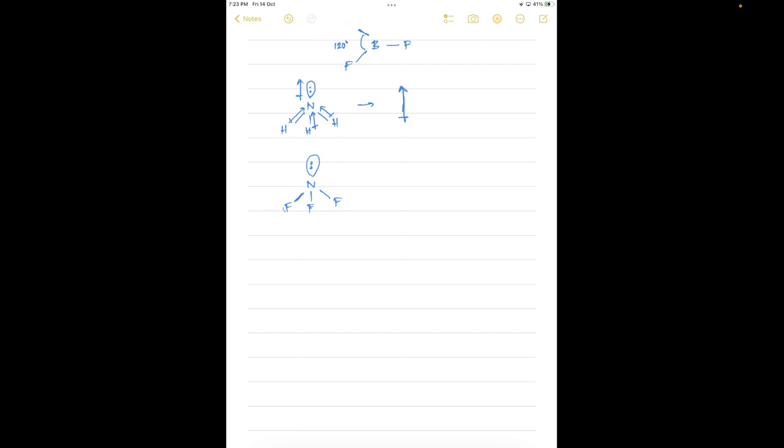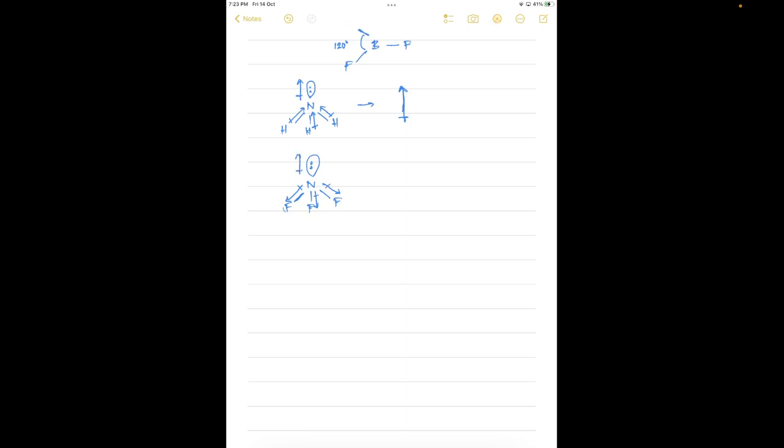So the dipole vector will point in this direction, from the positive nitrogen end to the negative fluorine atom. And for this bond also, and for this bond also, the dipole vector will look like this. And for the lone pair electrons, the dipole vector will look like this.